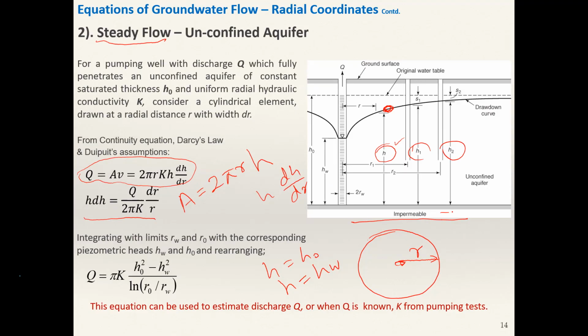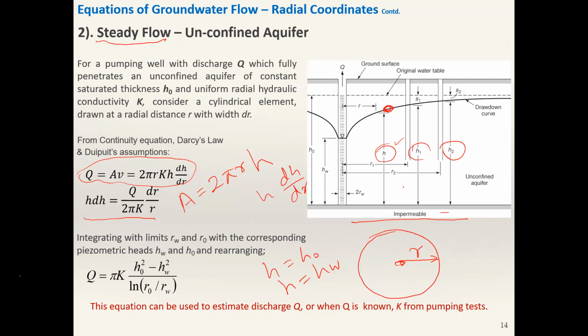Here, the major difference is when the system becomes steady, if you consider any cross section, the water that comes to that cross section is going out from that cross section.